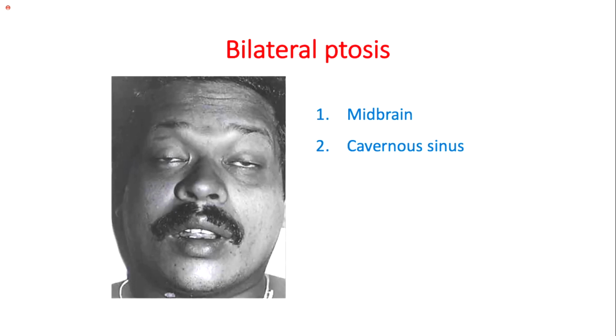Uncal herniation due to increase in cranial pressure will cause only unilateral. Myasthenia gravis, yes, neuromuscular junction. Myasthenia gravis and snake bite. We did that lecture.